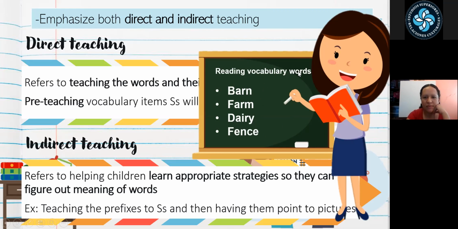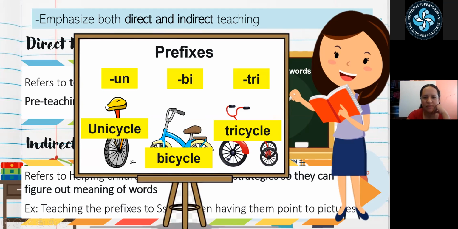As you can see, the teacher is very explicit, is going to give the word and the definition, maybe showing some pictures. And in the indirect teaching, for example, you're going to explain the prefixes uni, bi, and tri. Here, maybe the students are going to figure out how they are going to use uni in unicycle or bicycle or tricycle, right? They are going to figure out tricycle because it has 3 wheels, I don't know, right?